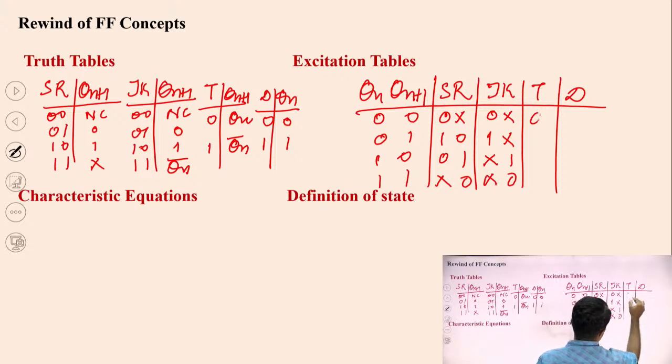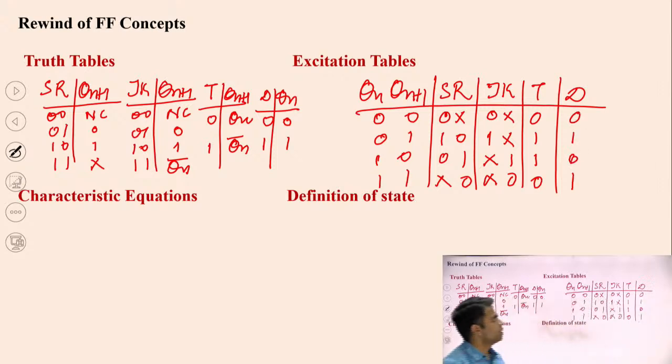For T, the excitation table is this, and for D, this is the excitation table. So these four excitation tables we are going to use in our coming contents. I have summarized them here, so in case you have your notebook, you can keep that page open instead of using these contents, because you will need those when we solve the questions.